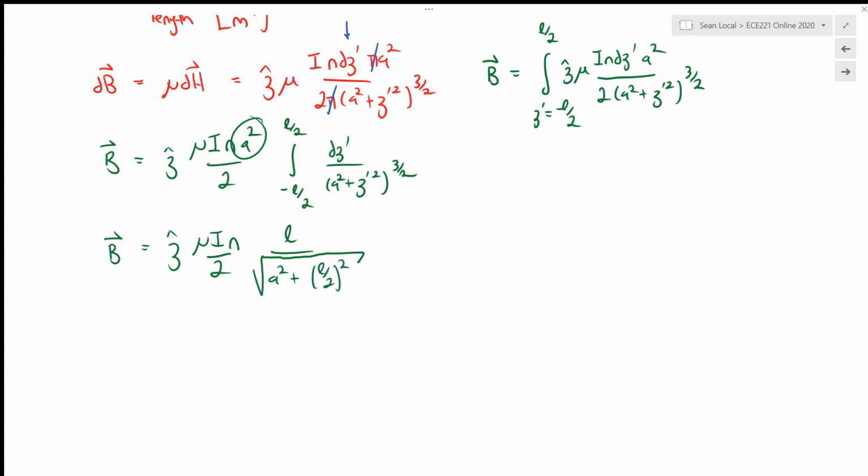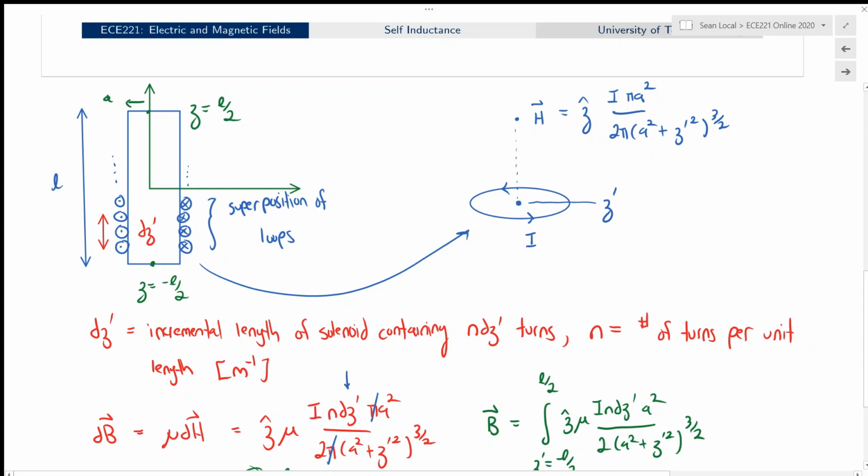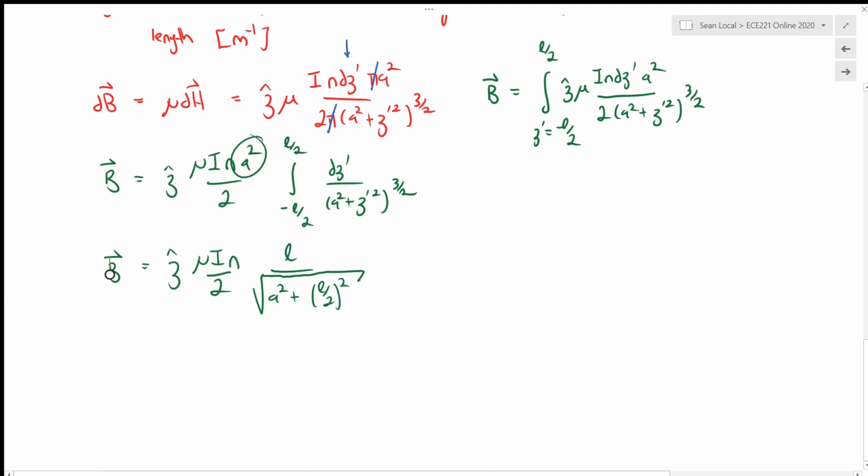Now, something that would be very useful for us to note is the geometry of our solenoid. So if we go back to our solenoid, in this particular picture, it's pretty clear that the length L of the coil is much longer than the radius a. And so if we can make that assumption, we can actually simplify this expression for B. Okay, so let's write that down.